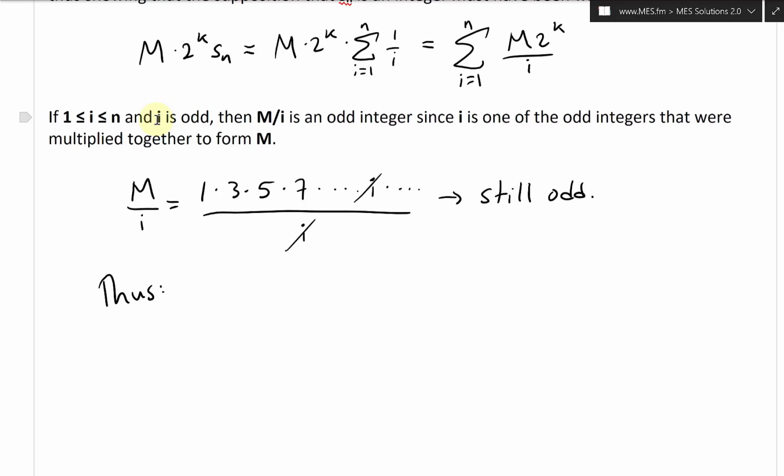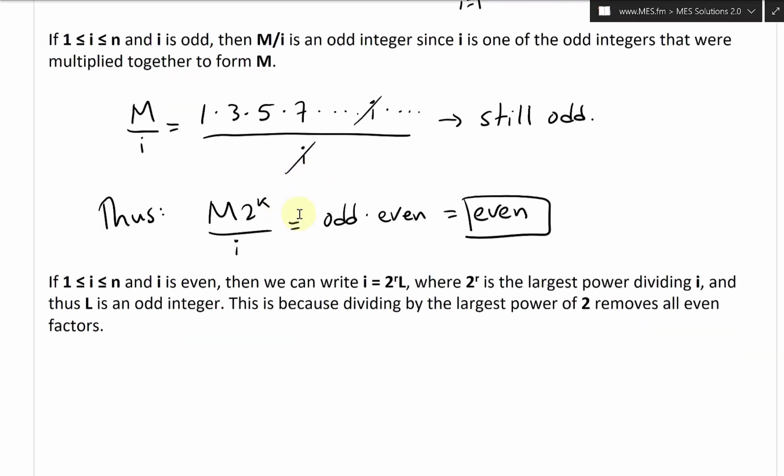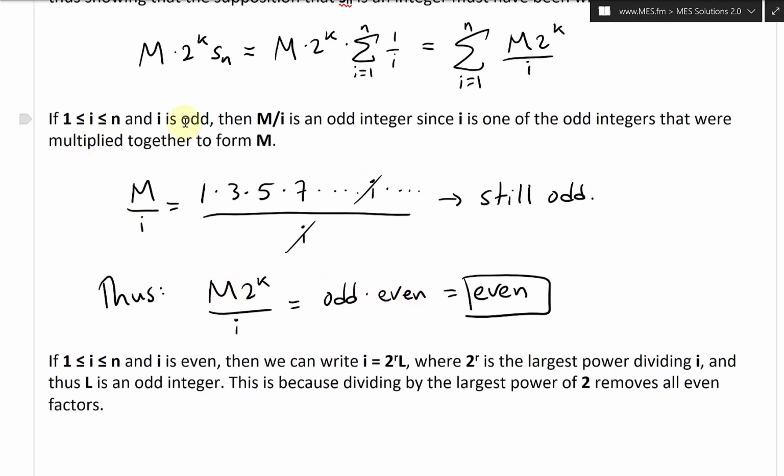So we're only considering the M 2^k over i terms where i is odd. Then this is an odd times 2^k, which is even. So odd times even is still even, so these terms are going to be even when i is odd.